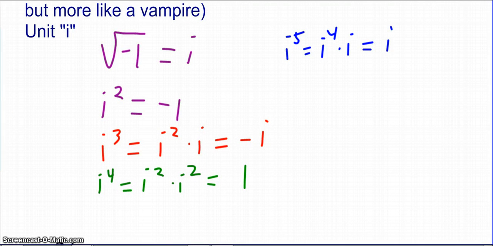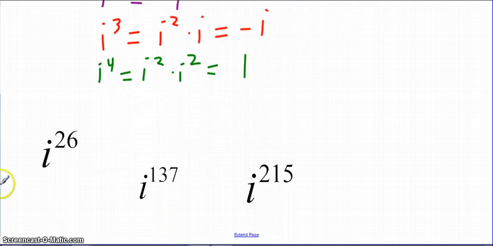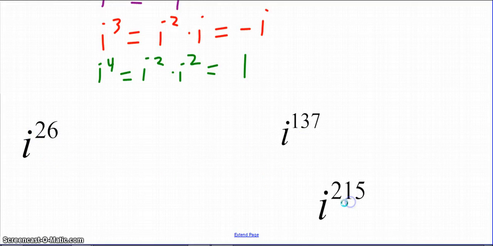So this idea of powers of 4 helps us evaluate i to higher powers. So if I have i to the 26th, i to the 137th, and i to the 215th, it makes it very easy for me to evaluate these if I think in terms of 4. So for instance, how many times does 4 go into 26?